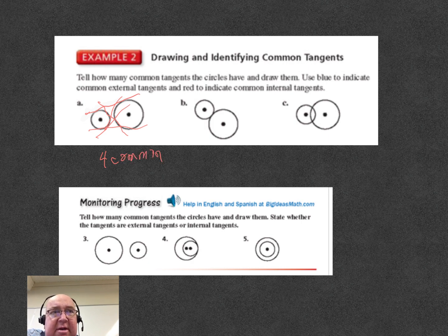On this circle, we would have a line that would go there, there, and then one that would go through the middle. So there would be 3 common tangents. And this one, we would have the lines that would go outside, so there would be 2 common tangents.